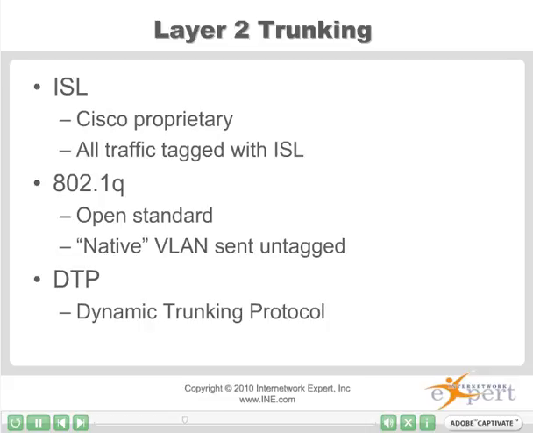As an alternative to this, the 802.1q approach to trunking is where we have an open standard, non-Cisco proprietary solution, and all the VLANs are tagged with the exception of one VLAN that is sent untagged, and this is the native VLAN.